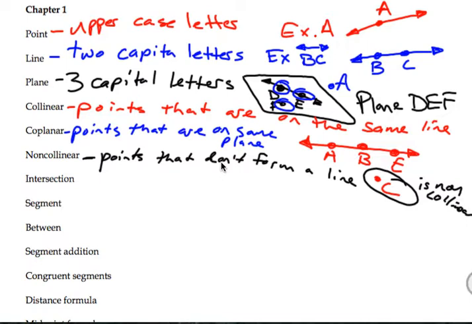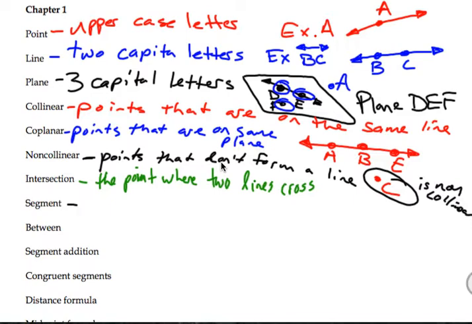Let's look at intersection. Intersection is the point where two lines cross, right? So that's just the intersection.